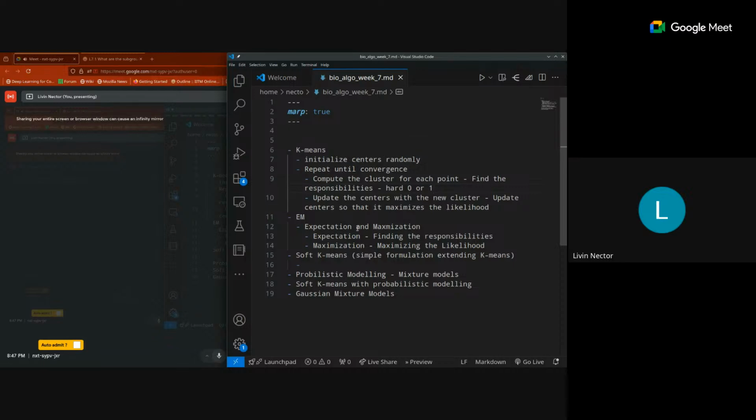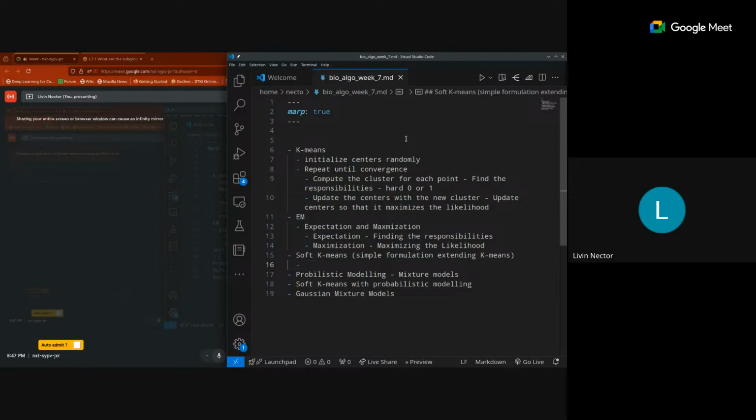So soft K-means is also sometimes called fuzzy clustering, in the sense that we assume a data point need not belong to only one cluster. It may belong to more than one cluster with different membership values. Maybe it is very near to one, so it belongs to that cluster more, or it's slightly far away from another cluster, so it belongs to some level, maybe 80-20% kind of.